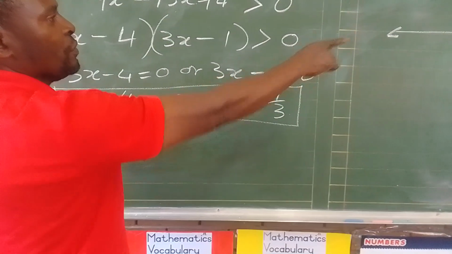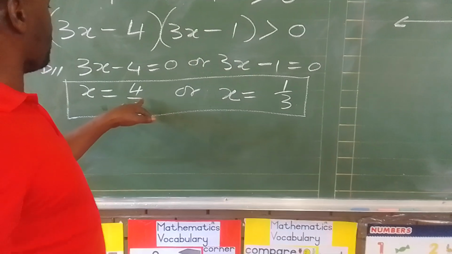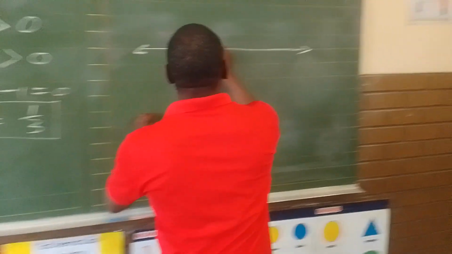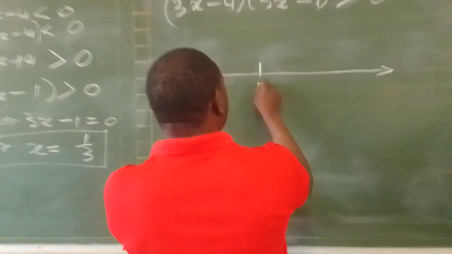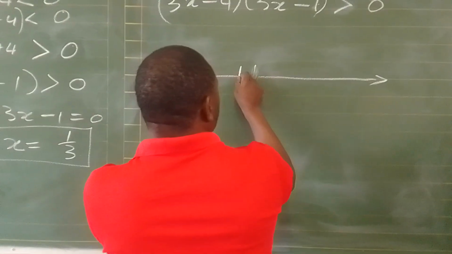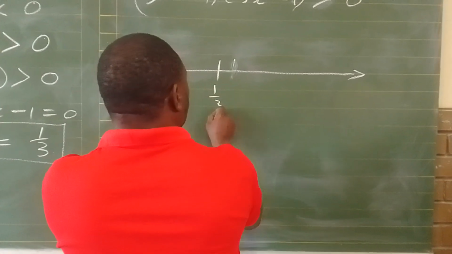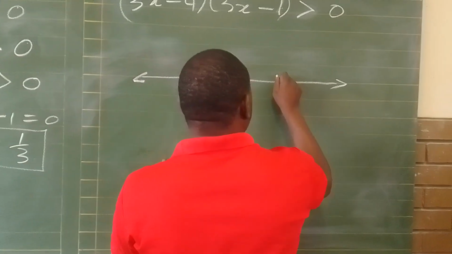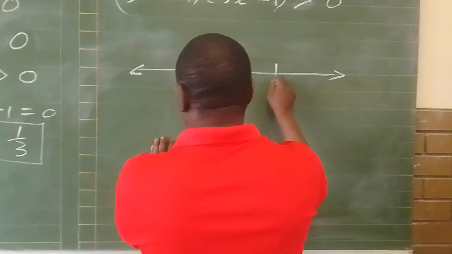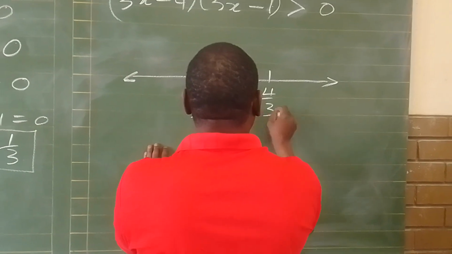They are going to give you the critical values there. We have 4 over 3 and 1 over 3. 1 over 3 is the same as 0.3. Let's say we start here. 1 over 3, and then 4 over 3 is the same as 1.33.